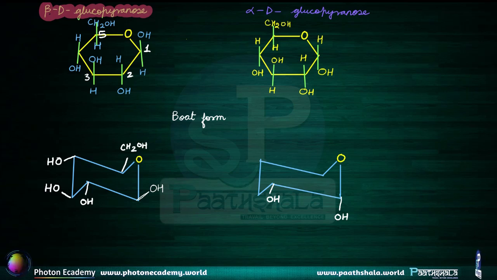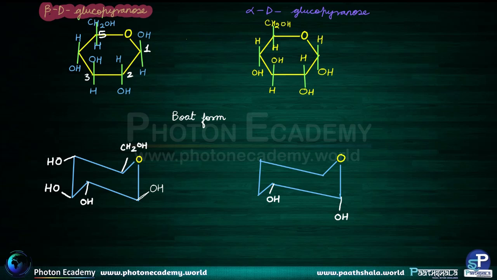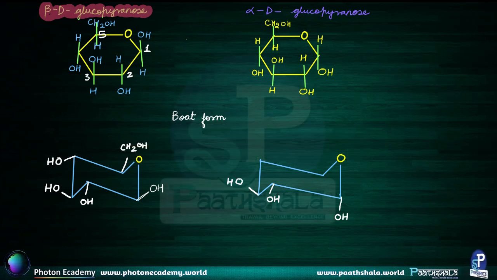Okay, so now I have my next group. This OH and this OH are trans to each other, and so I just repeat what I did in beta D glucose, and I place this at the equatorial position. Next, this OH right here is in trans position with the previous OH, and therefore I have this also at equatorial position.